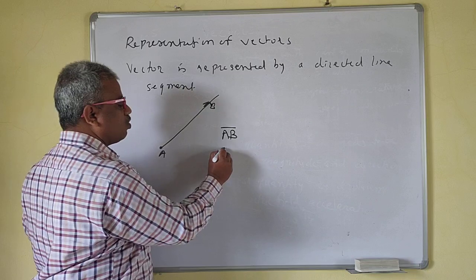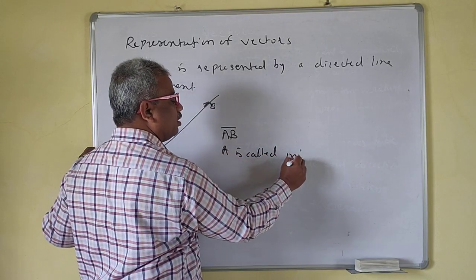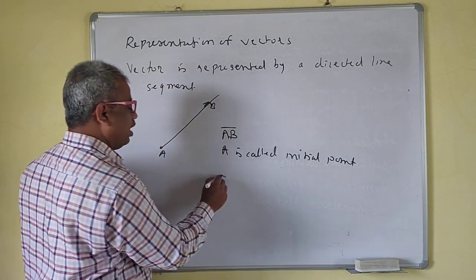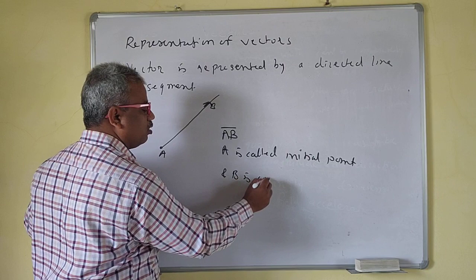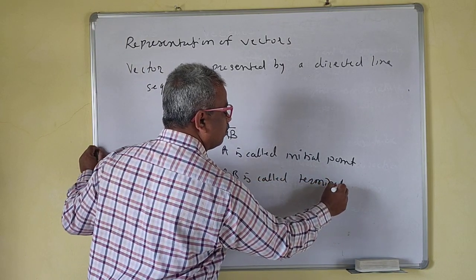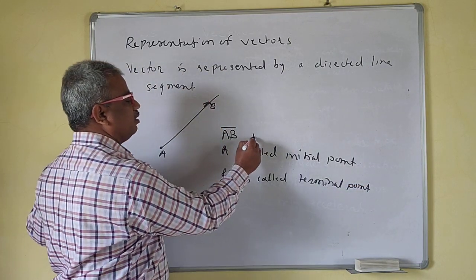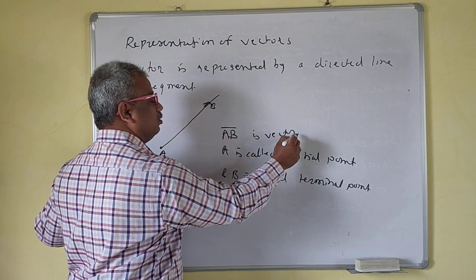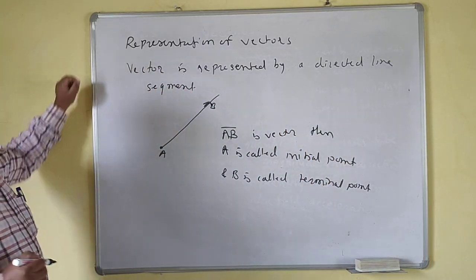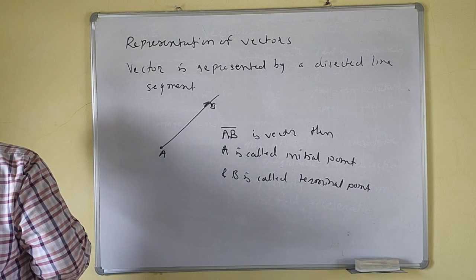A is called the initial point, and B is called the terminal point. So if AB bar is a vector, then A is called the initial point and B is called the terminal point.